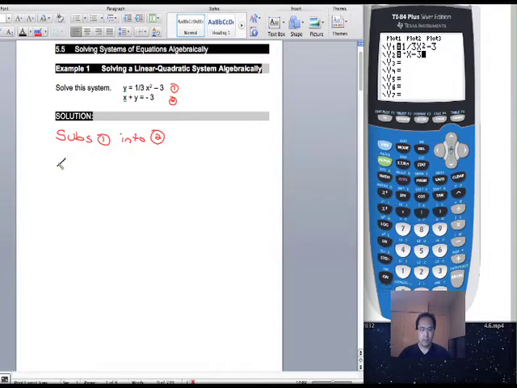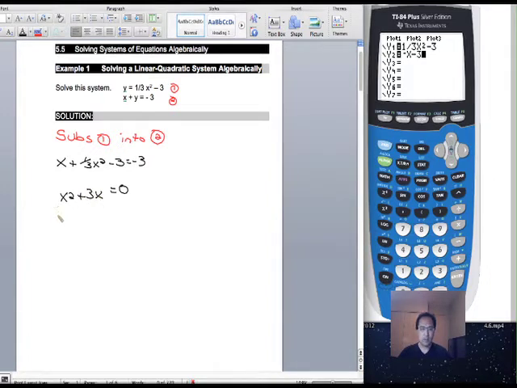So this is going to be x plus 1/3 x squared minus 3 equals -3. So we'll add 3 to both sides, and that'll come out to be 0 on the right-hand side. To make it easier to factor, let's multiply through by 3. So it comes out to be x squared plus 3x equals 0.